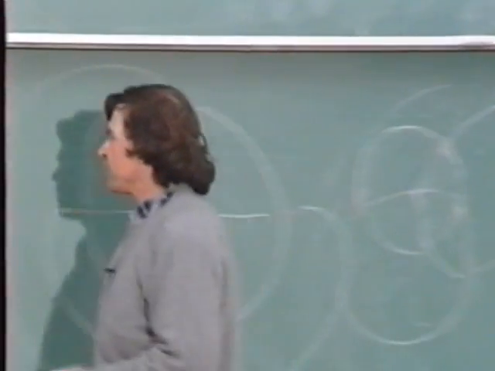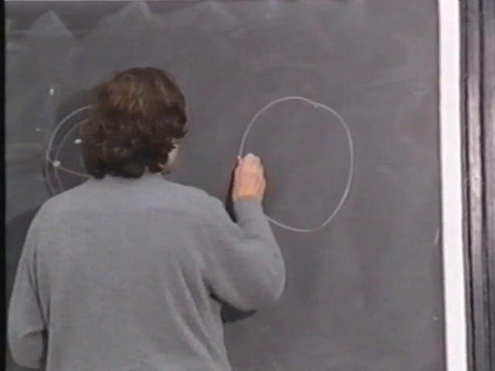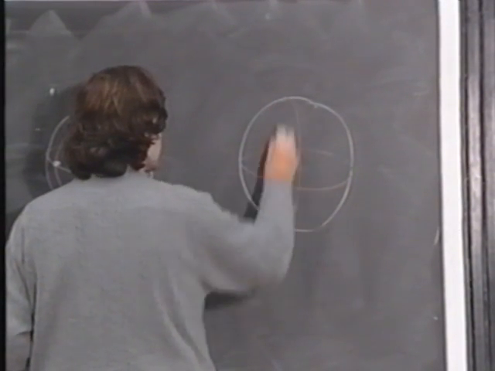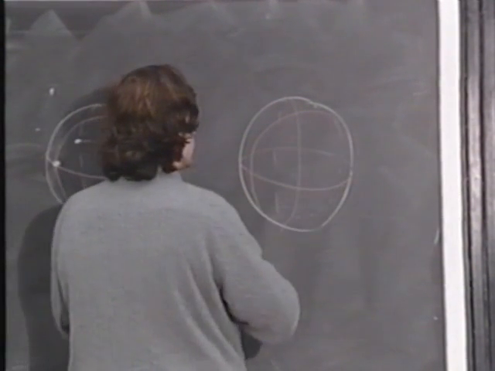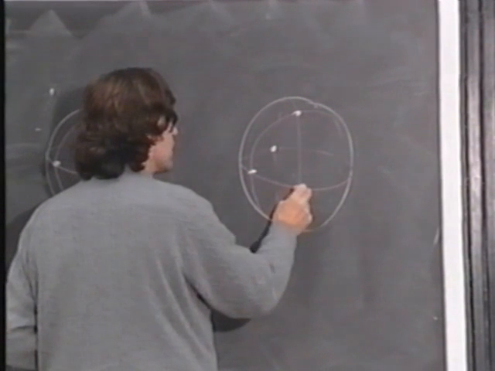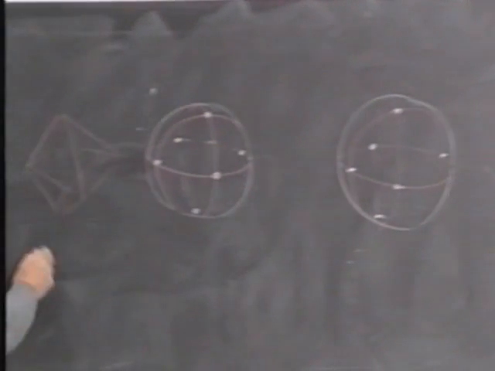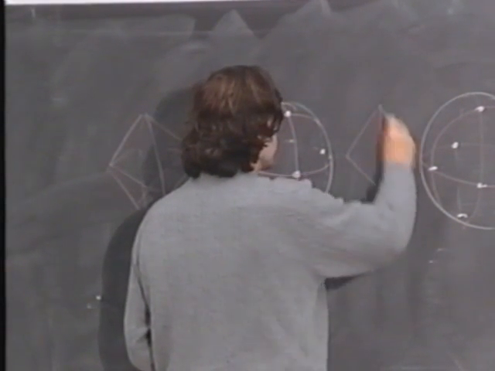If I did it from below, it's perfectly symmetric. From below, I'll get another ball like this. Exactly the same. So what I claim is, and really it's probably better to think of these as octahedra rather than spheres. I mean, it's the same thing topologically, but so I have two octahedra.